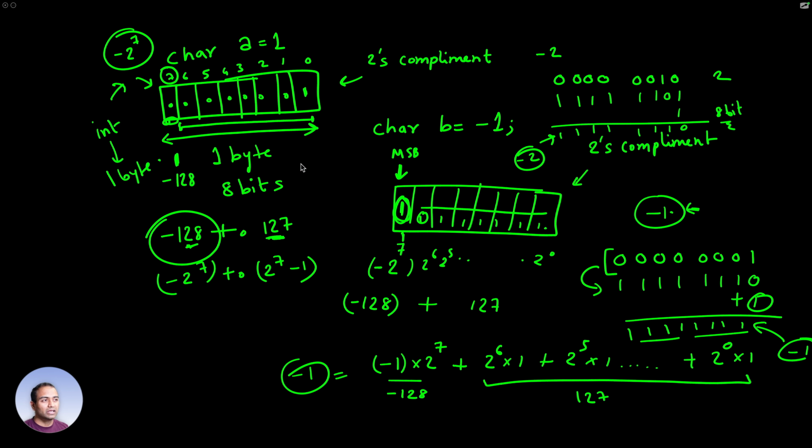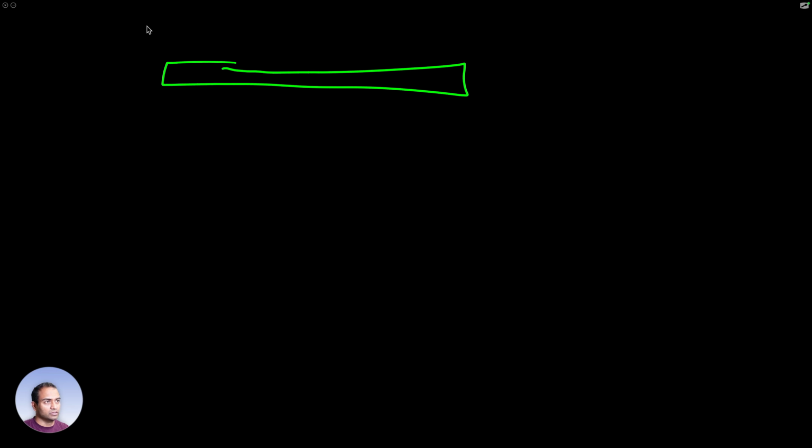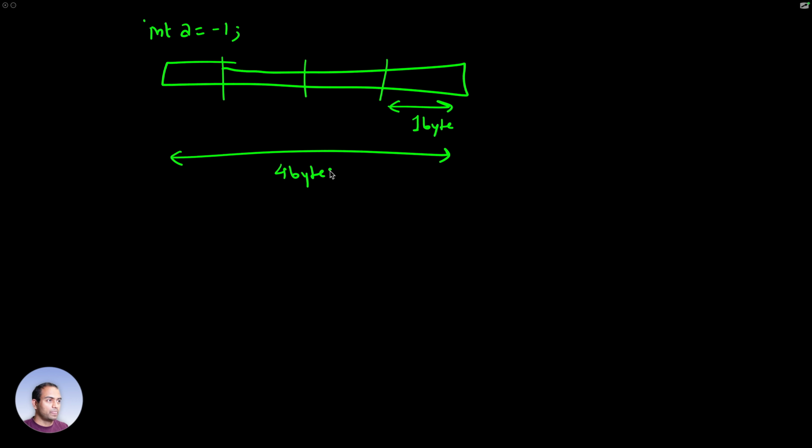So similarly, maybe this is the time where I erase all of it. And now if we are considering an int, let's say int a equals -1, how would this be saved? Okay, now we have bytes. So each one of these is 1 byte, right? And remember, an int is essentially 4 bytes, right?